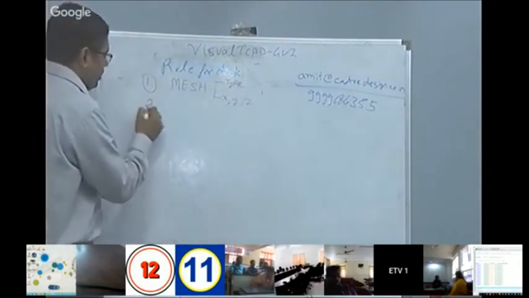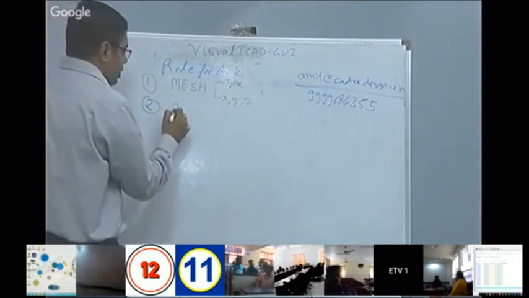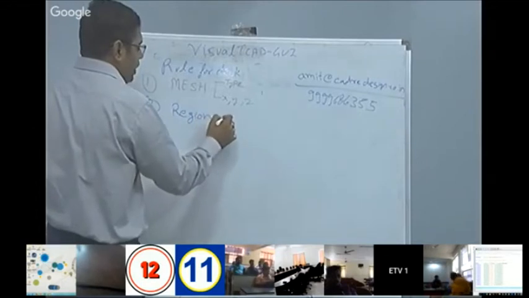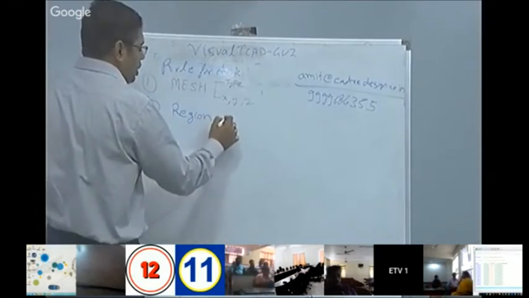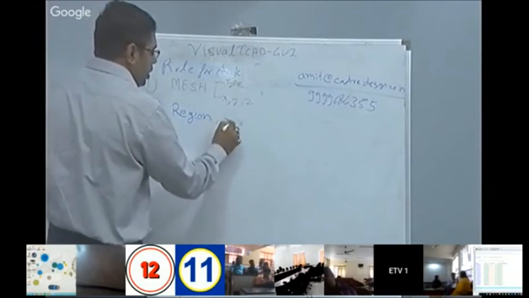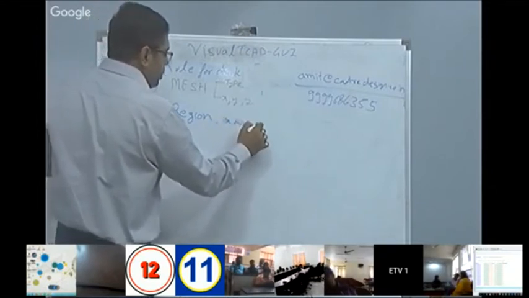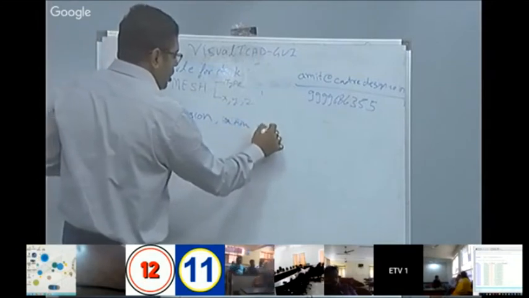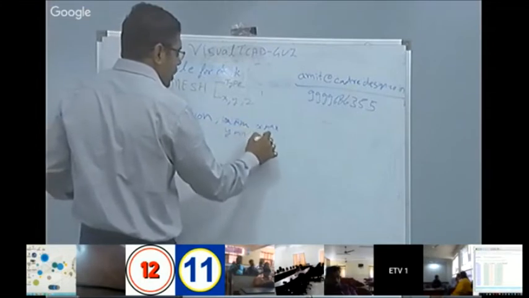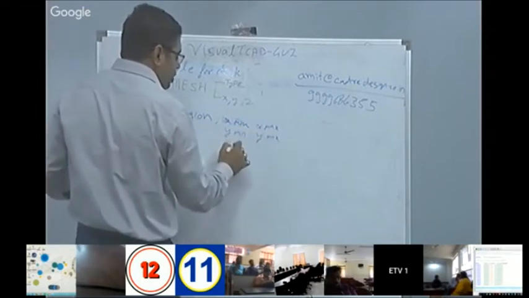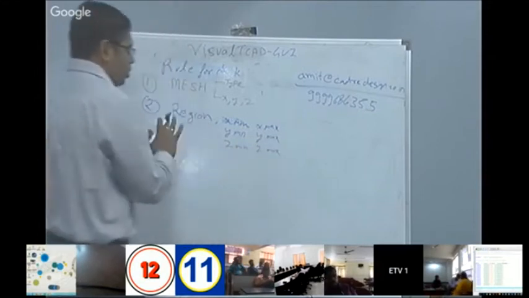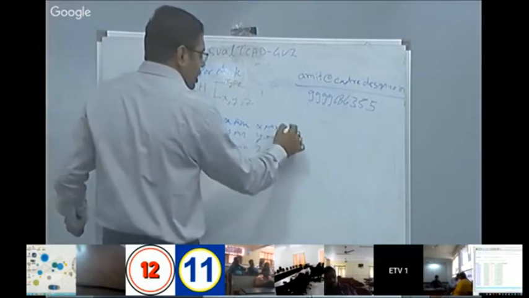Then second, we fill region. In region we define location: x coordinate, y coordinate, x minimum, x maximum, y minimum, y maximum, z minimum, z maximum, and then a material.